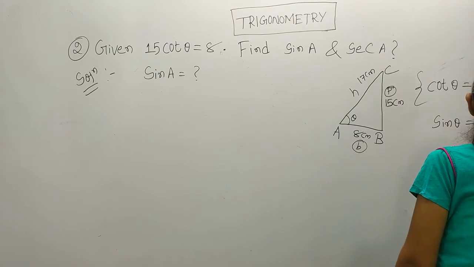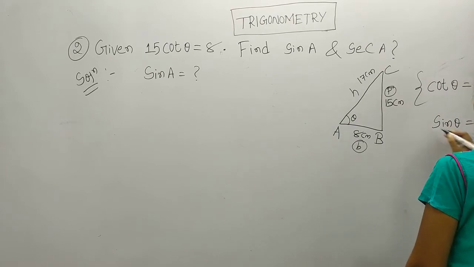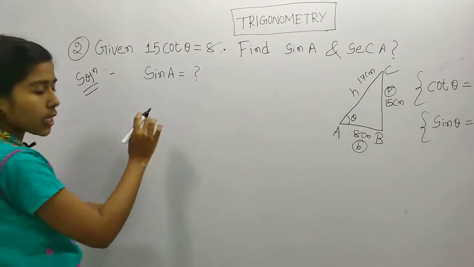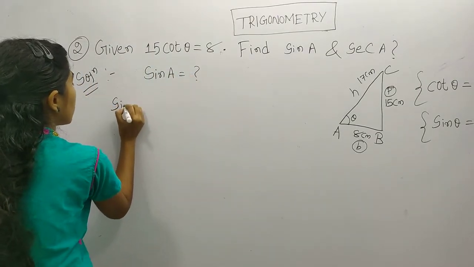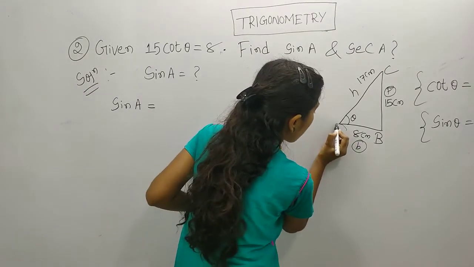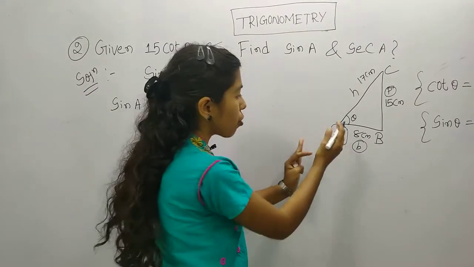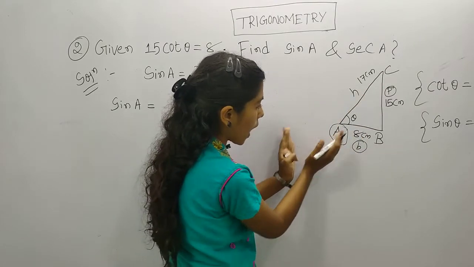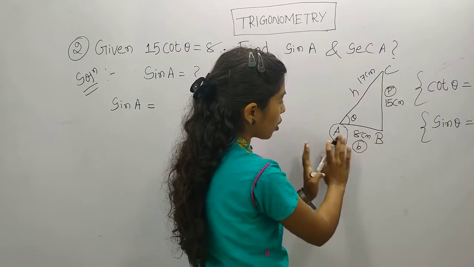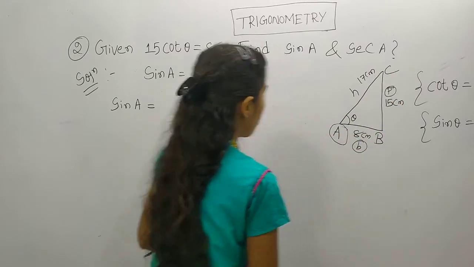Sin theta equals P by H. Here angle A is given. Our angle is A, so the opposite side of angle A is BC, the same as the perpendicular. This is the hypotenuse. This is the base.